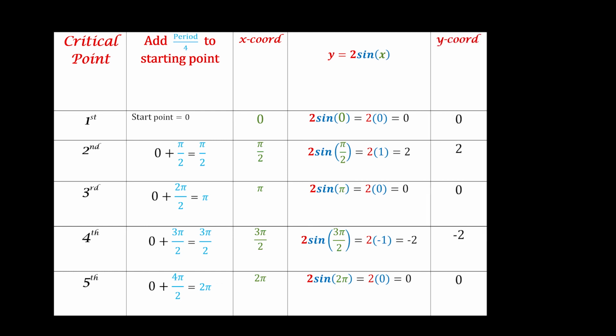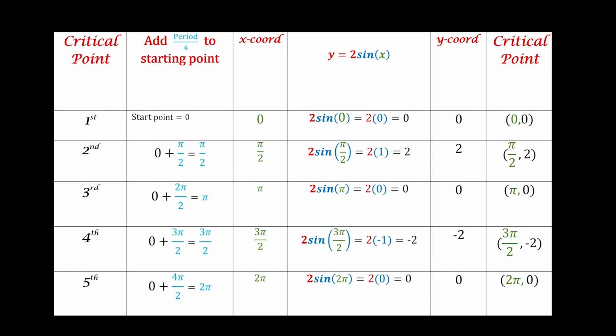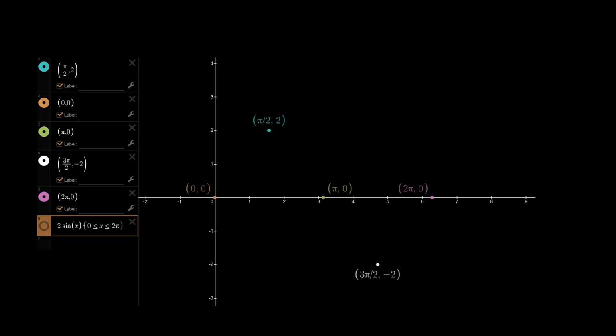Alright, so now we found out that the y coordinates are 0, 2, 0, minus 2, and 0. Therefore, our critical points are at (0, 0), (pi over 2, 2), (pi, 0), (3 pi over 2, minus 2), and (2 pi, 0). And now for the last step. All we have to do is plot these points and then connect the dots.